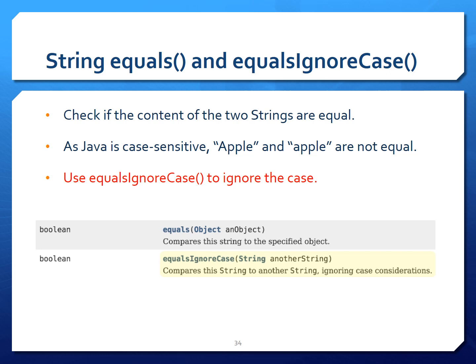The second method, equalsIgnoreCase, is not case sensitive. It will not take the case of each character into consideration when comparing the content of the two strings.